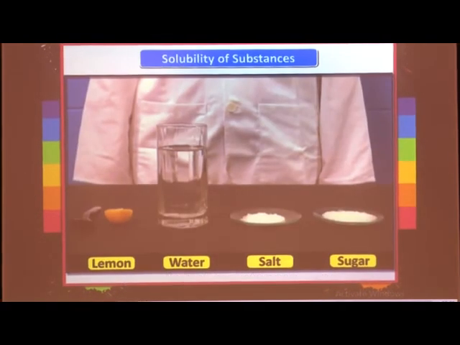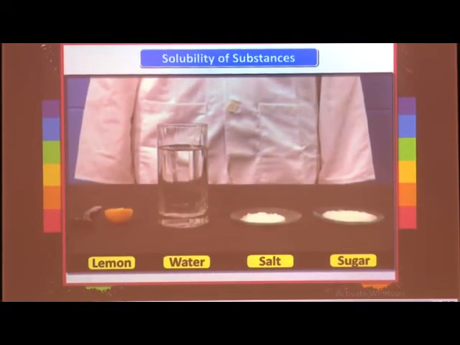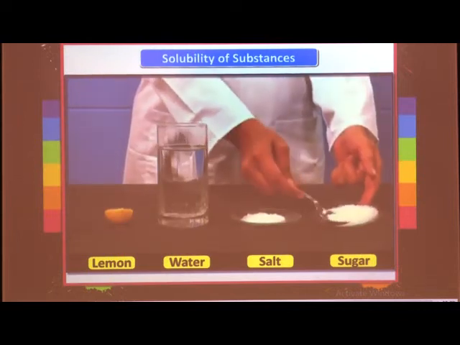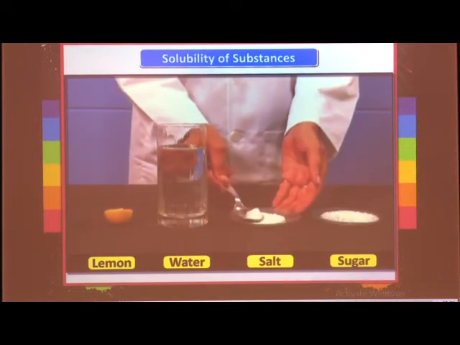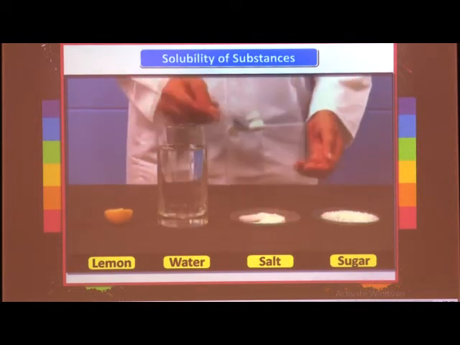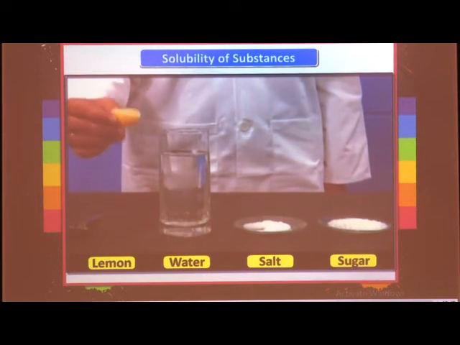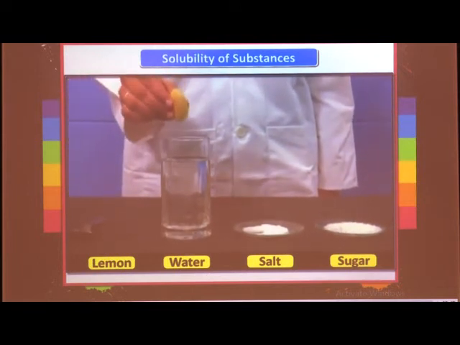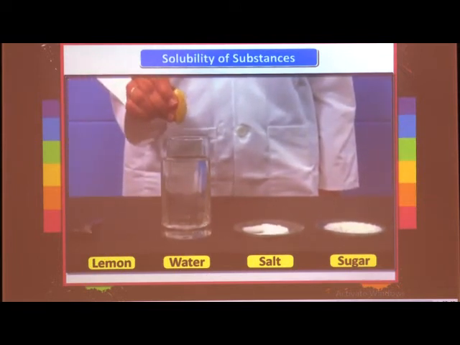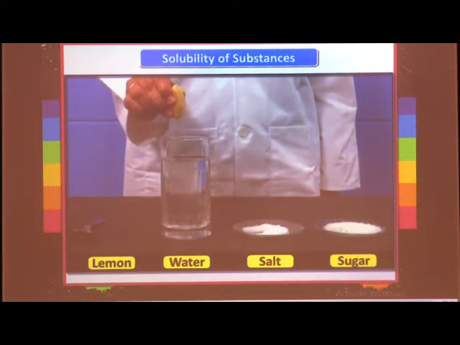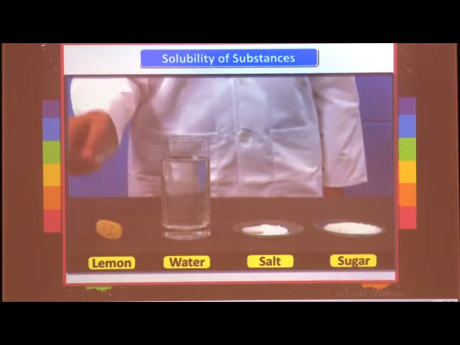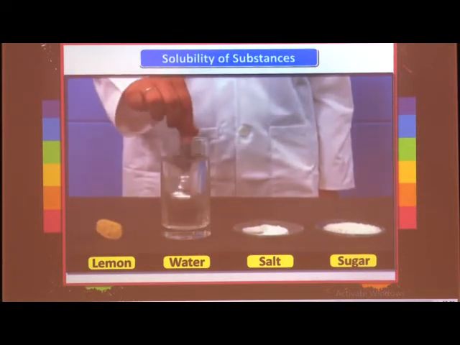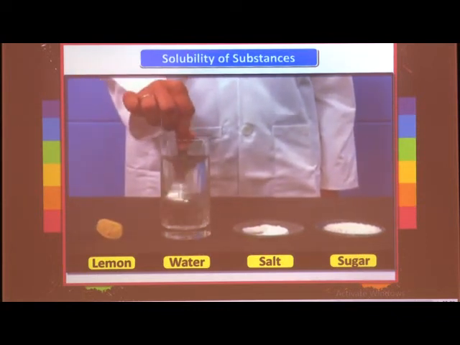We make lemonade by mixing sugar, salt, and lemon juice into water. We get a clear solution on stirring up the mixture with spoon.